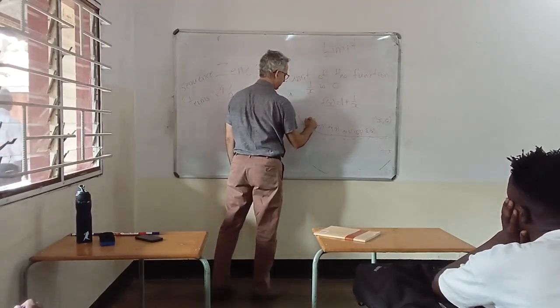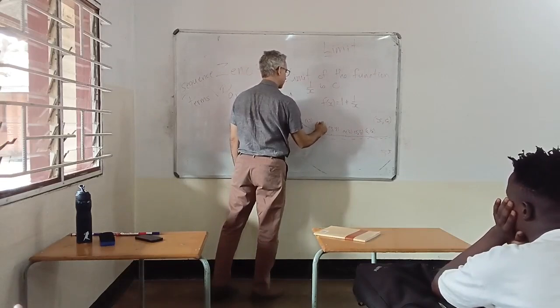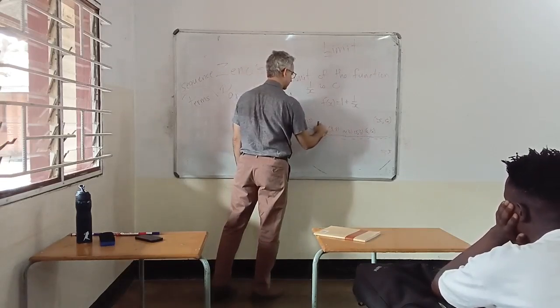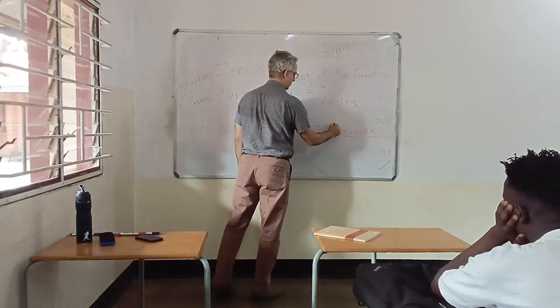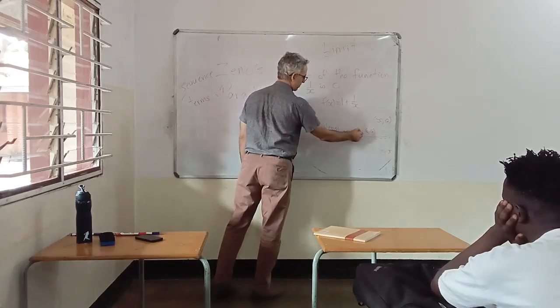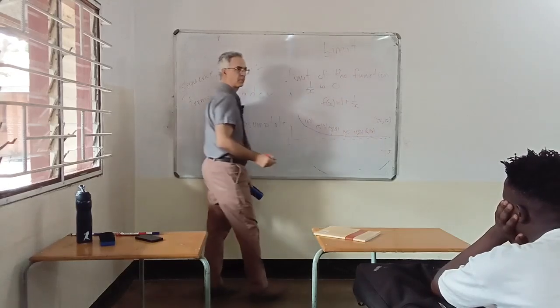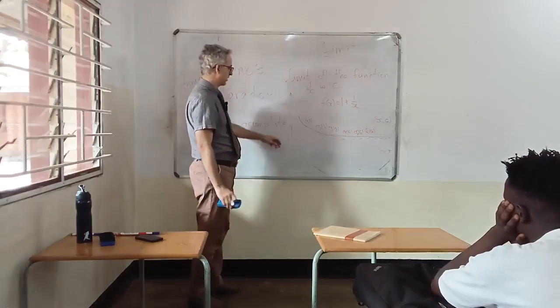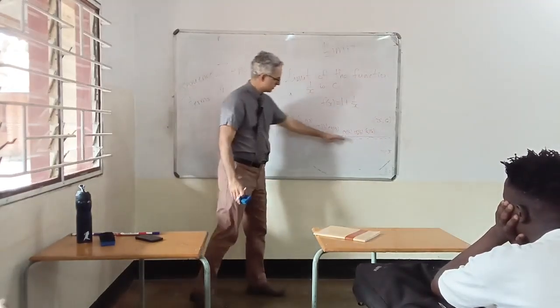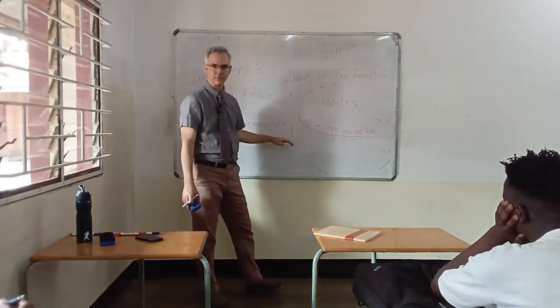So now we have 1.5, 1 1/3, 1 1/4, 1 1/5, 1 1/6. Now the asymptote is the line y equals 1.